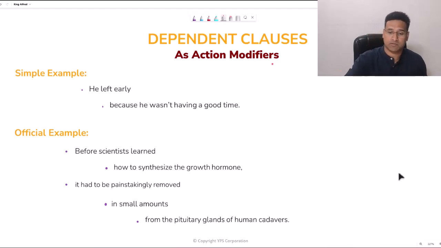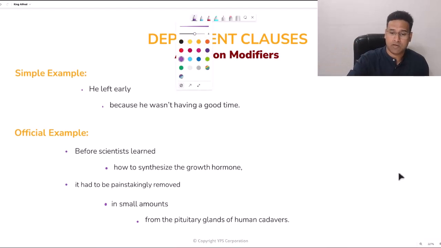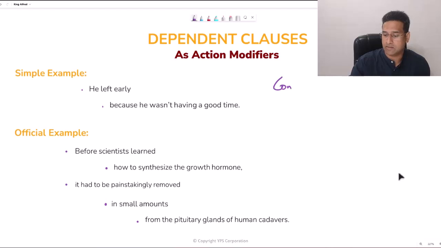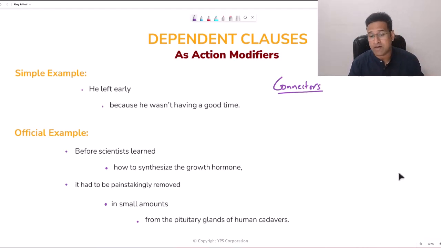Okay, so the next question, which you're wondering right about now, is what about the connectors? Which dependent clause connectors are used to make such clauses, dependent clauses that behave as action modifiers?